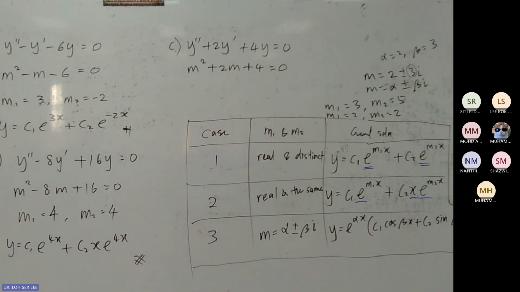Your b is not 8, your b is negative 8. Minus 8, it is simple. So whatever you have, the two values are the same.